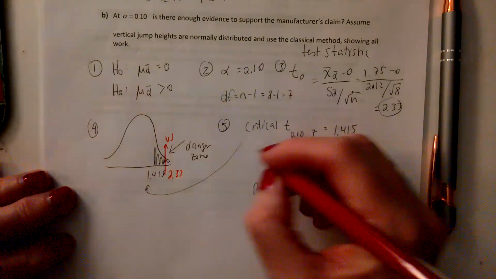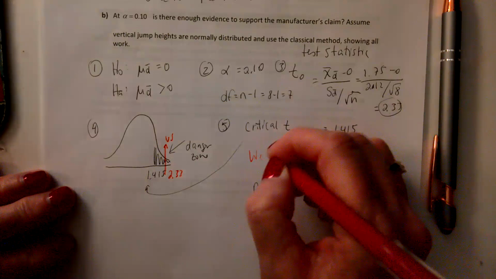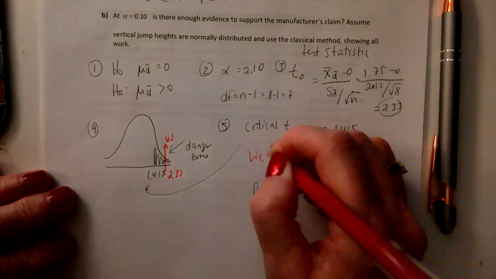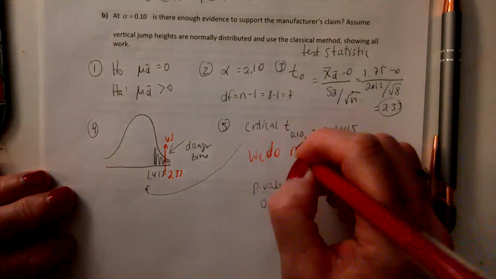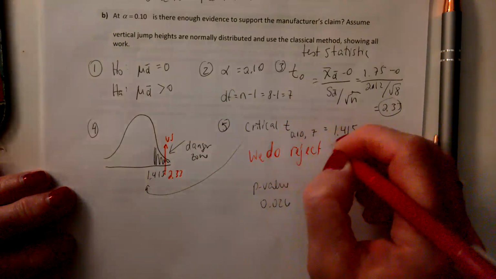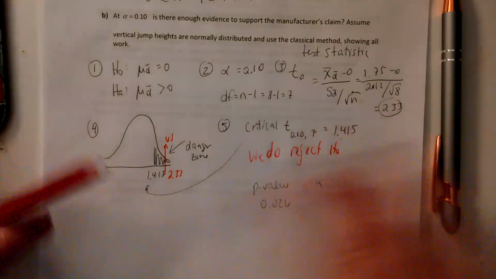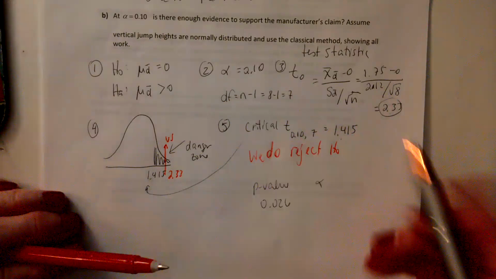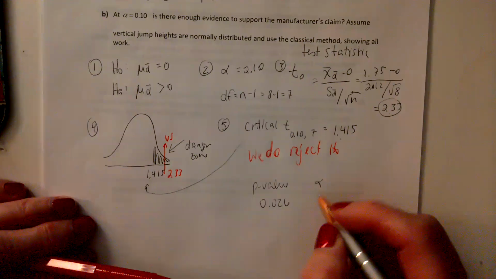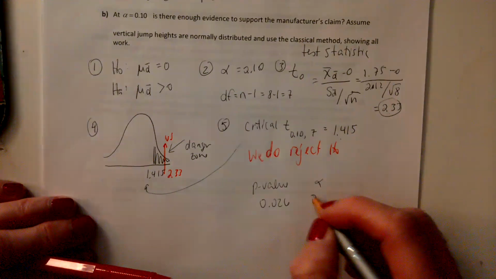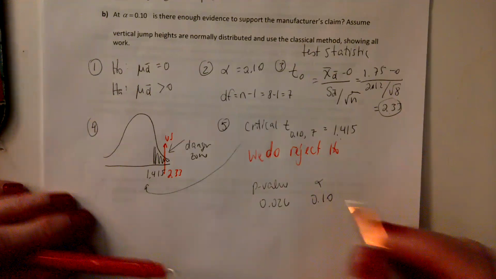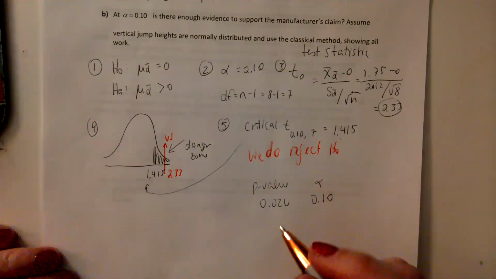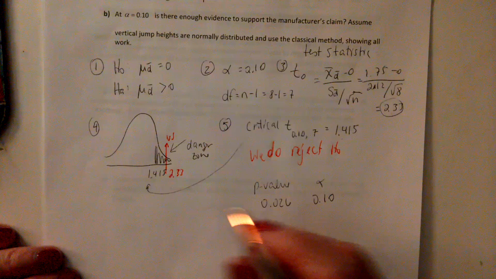So we do reject H0. And we can also see that matches the p-value method, reject H0, because our p-value is less than alpha, which is 0.10. So there is sufficient evidence to support the claim.